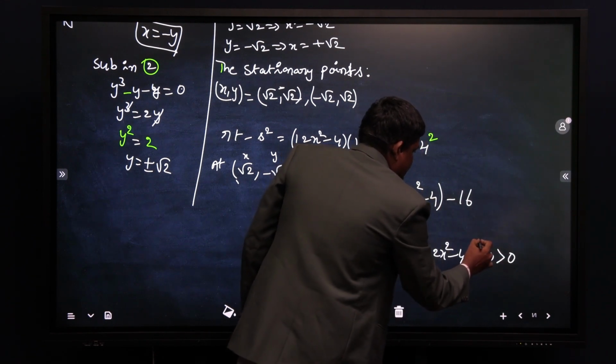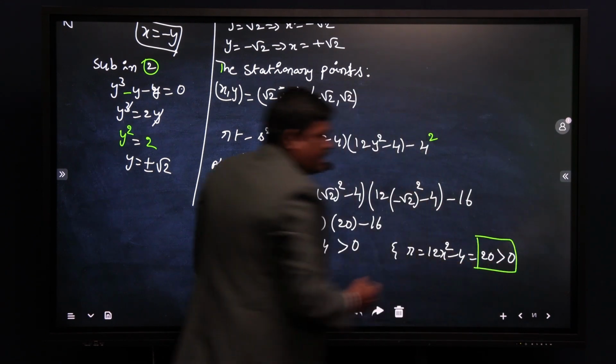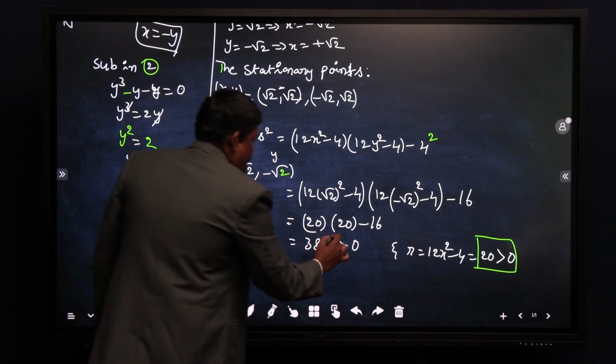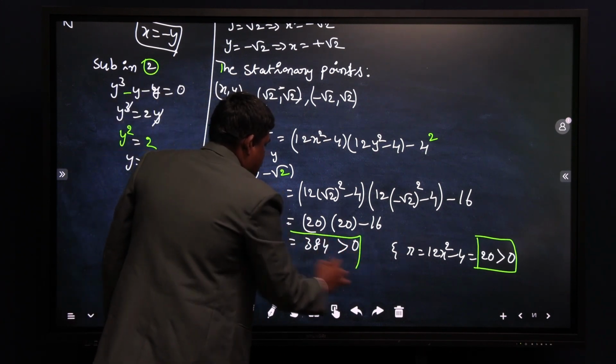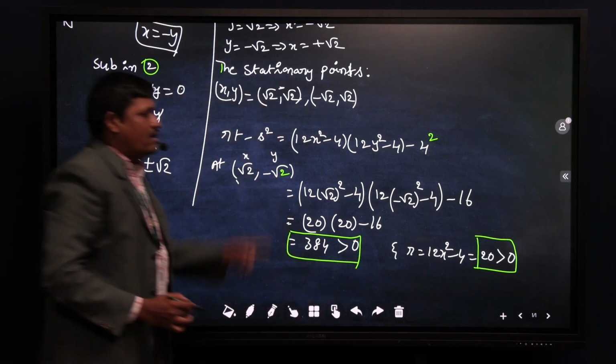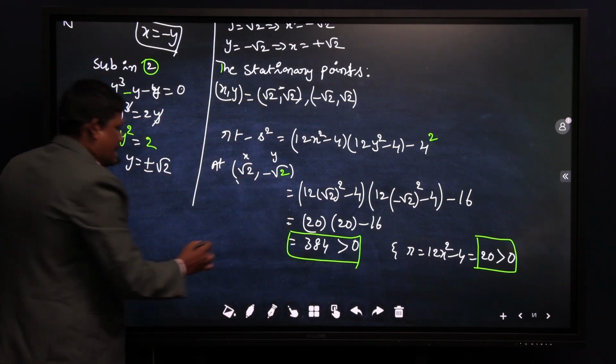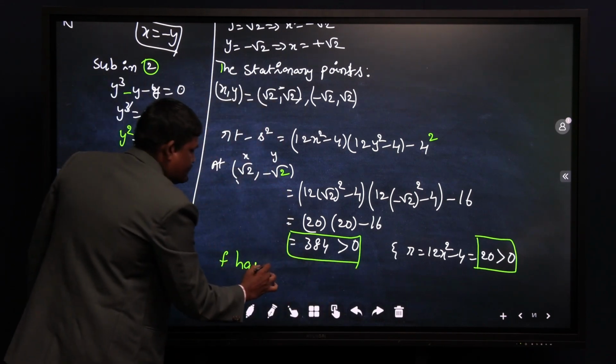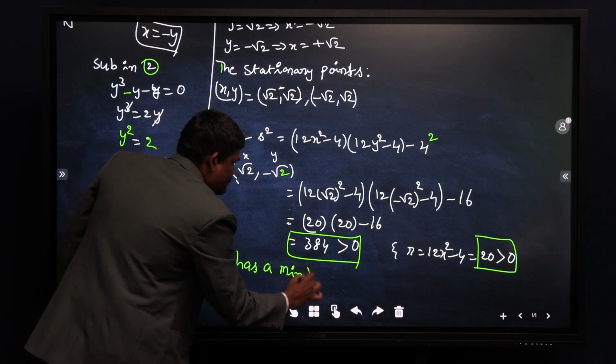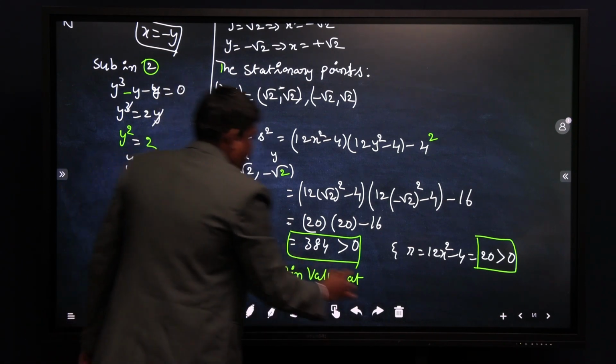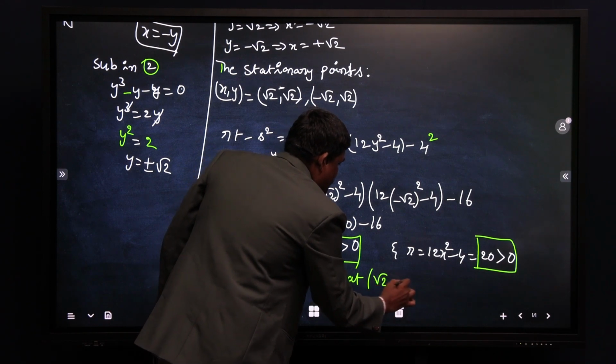Please concentrate here. r is greater than 0 we got, and rt minus s square greater than 0 we got. When r is greater than 0, then f has a minimum value at this point, square root 2 comma minus square root 2.